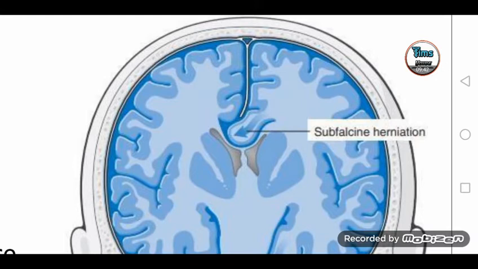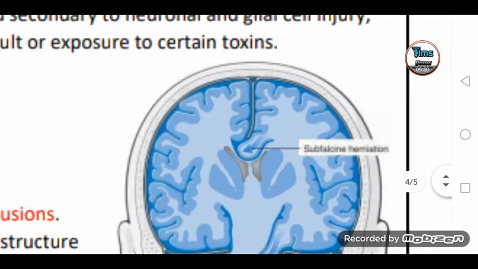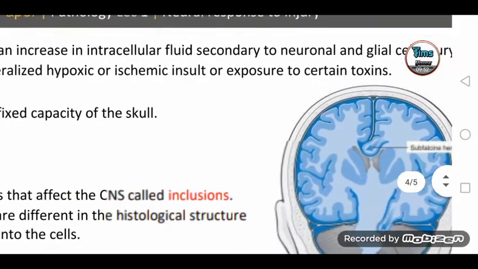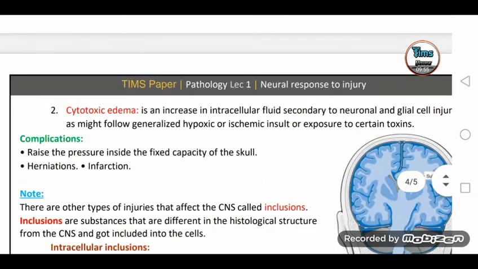However, after the cerebral edema, it caused it to herniate. So this is the herniation. Number 3, it may cause infarction. So the complications are increased intracranial pressure, herniation, and infarction.